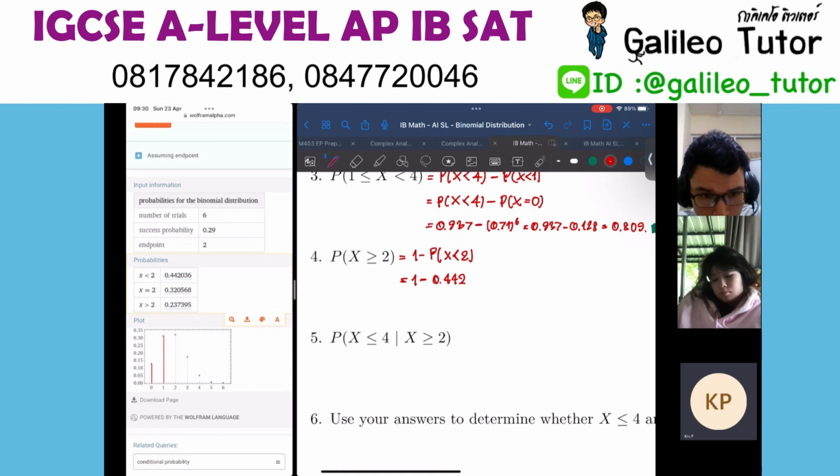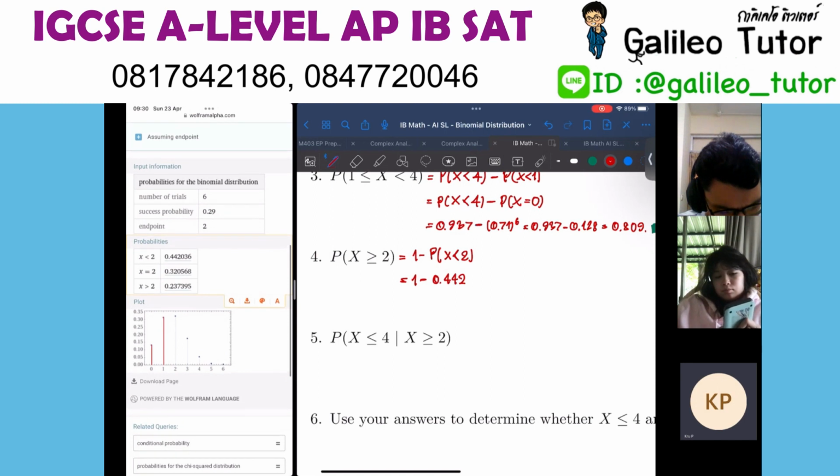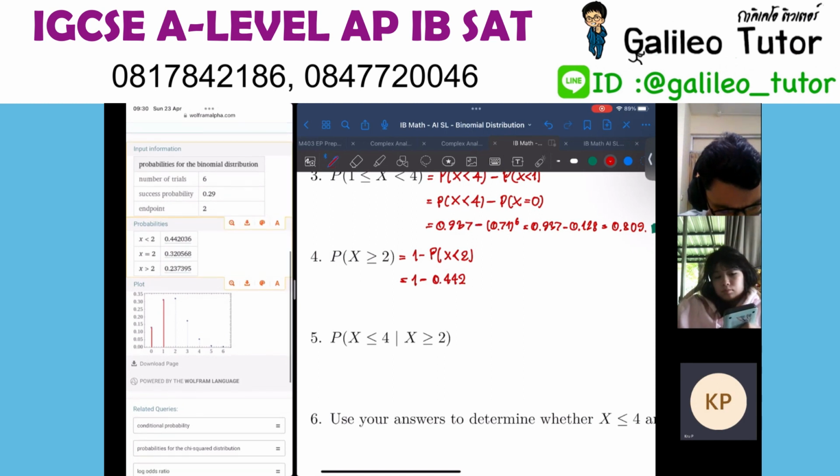0.321. So what we have is the probability of x equal to 2 is 0.321, right? This is just equal, but what is the probability of x less than 2?